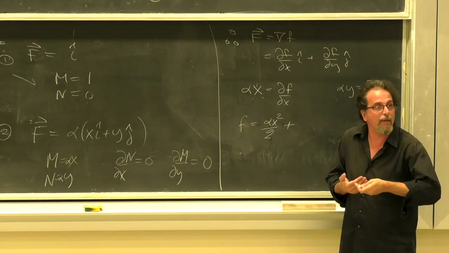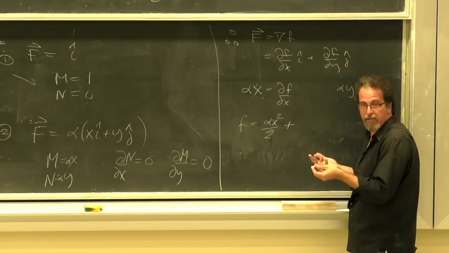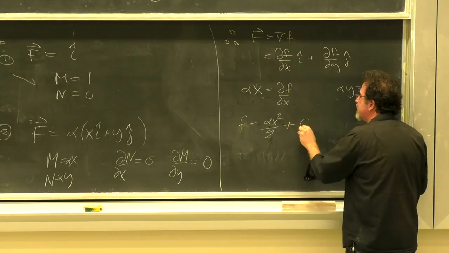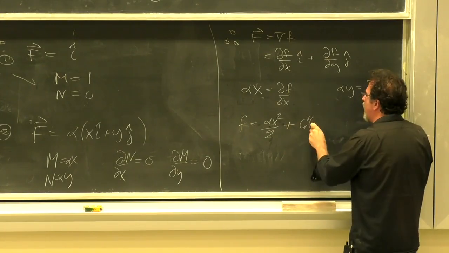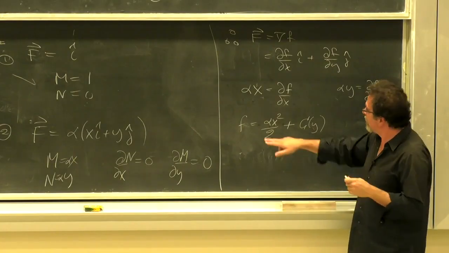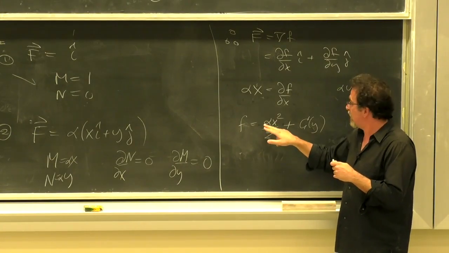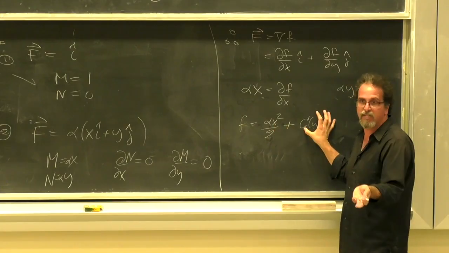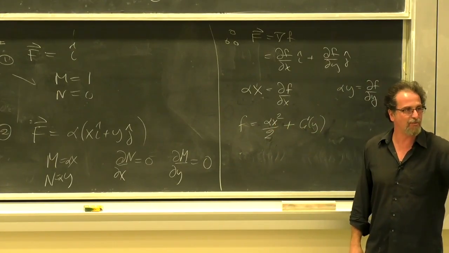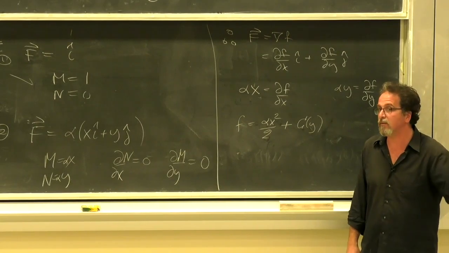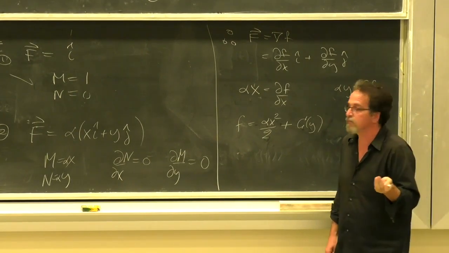So any other function of y. Let me call it c of y. Because if I take the x derivative of this equation, I get alpha x, and I take the x derivative of this, I get 0. So when we say constant in antiderivatives, we really mean it doesn't depend on that variable, but can depend on the other variables.